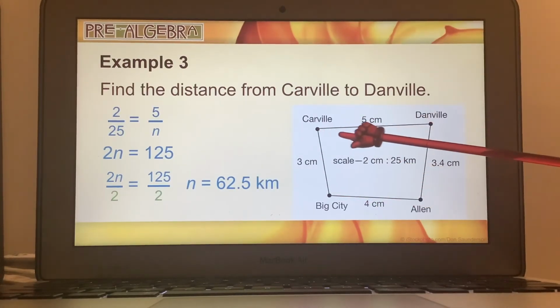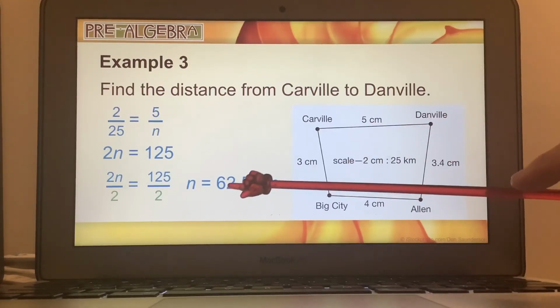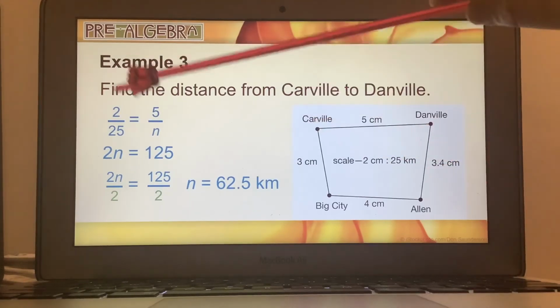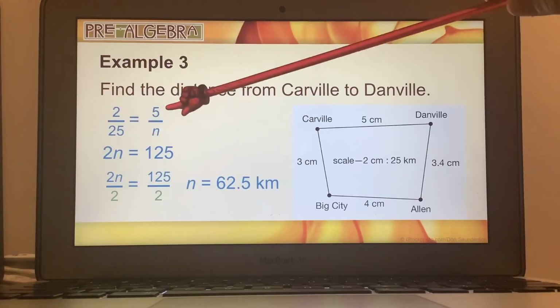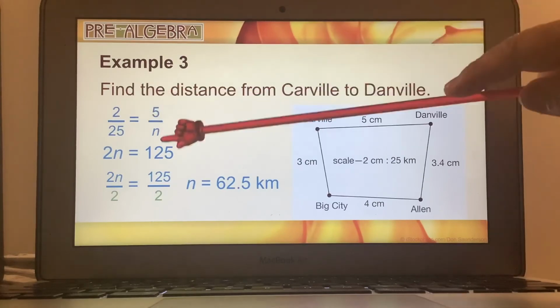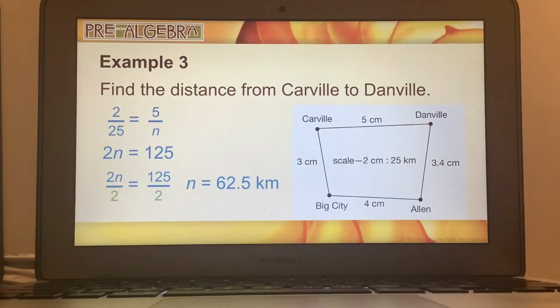So that's how we got 25 plus 25 plus 12.5, 62.5 kilometers. Hopefully that won't confuse you guys, what I just did here with the 25 plus 25 plus 12.5. But I'm just showing you the 2 centimeters gives us 25 kilometers. But follow the proportions instead. Make sure you follow the proportions, and then you can cross multiply and solve for the actual distance.